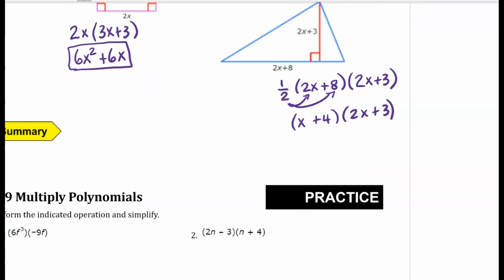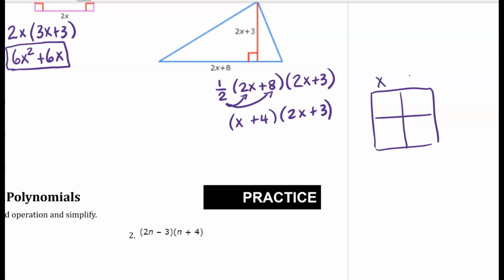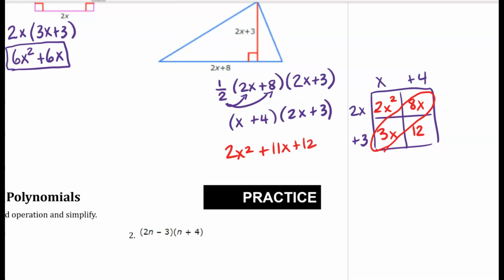Since that's a binomial times a binomial, I might put that in a box to organize my multiplication. So x plus 4 multiplied by 2x plus 3. When I multiply to fill in the box, I take those terms and add them up. Combining like terms, I get a final answer that you see here.